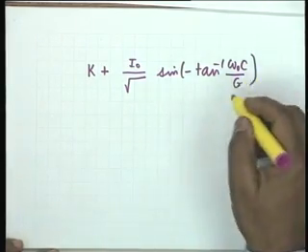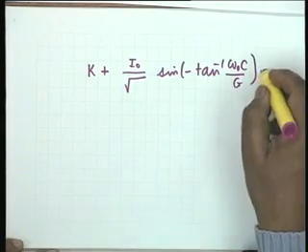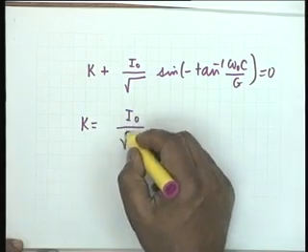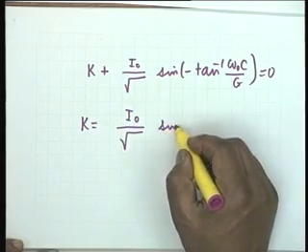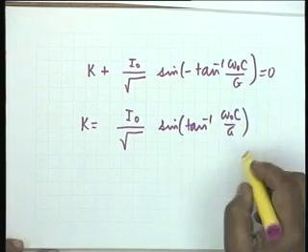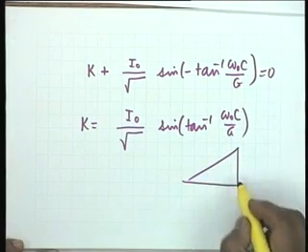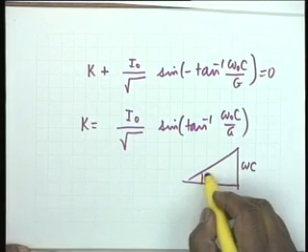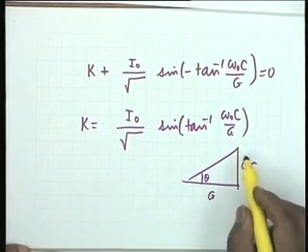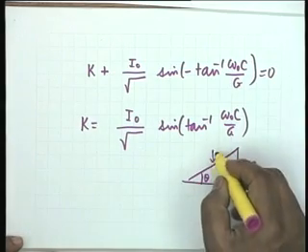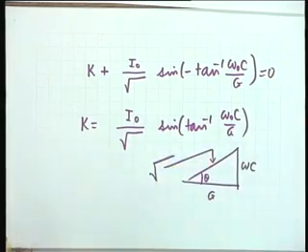Now this would be equal to 0. Therefore K would be equal to I0 divided by square root of this, times sine of tan inverse omega naught C divided by G, and finding this is not a problem. This is omega C and this is G. If theta is the angle, then the perpendicular must be omega C and the base must be G, and therefore the hypotenuse is square root of G squared plus omega naught squared C squared, agreed.